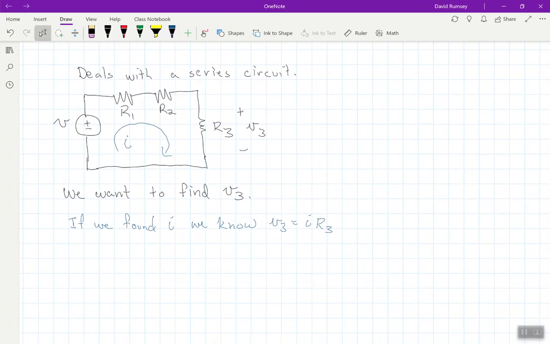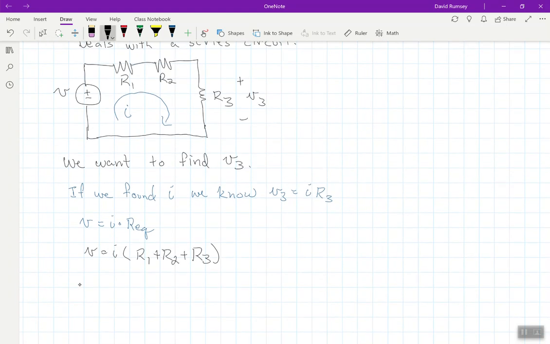Well, the nice thing here is the current, remember for a series circuit, we have that voltage is equal to current times my equivalent resistance. And so we also then know that for a series circuit, to get R equivalent, we would simply add up those resistances.